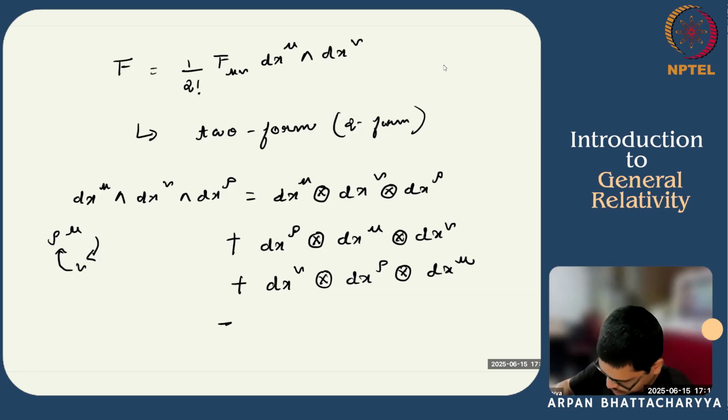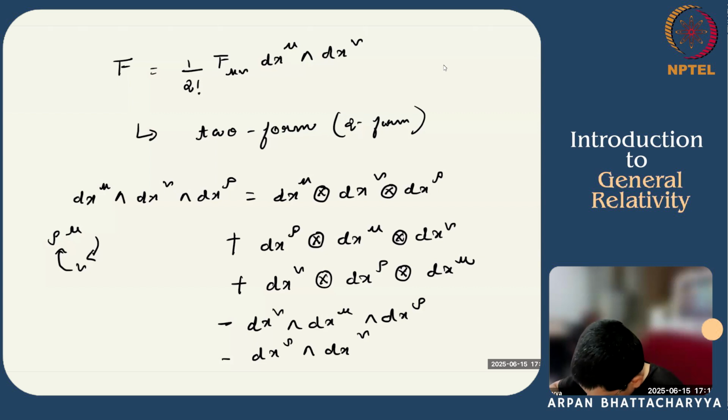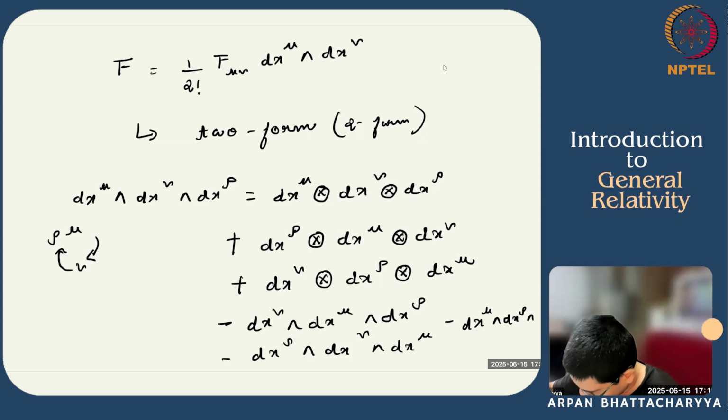One of them will be dx^nu dx^mu dx^rho, next one will be dx^rho dx^nu dx^mu, and then there is the last one, which is basically dx^mu dx^rho dx^nu.